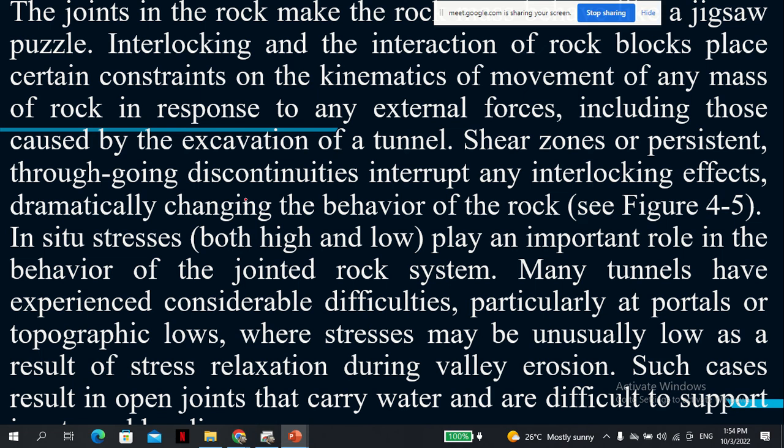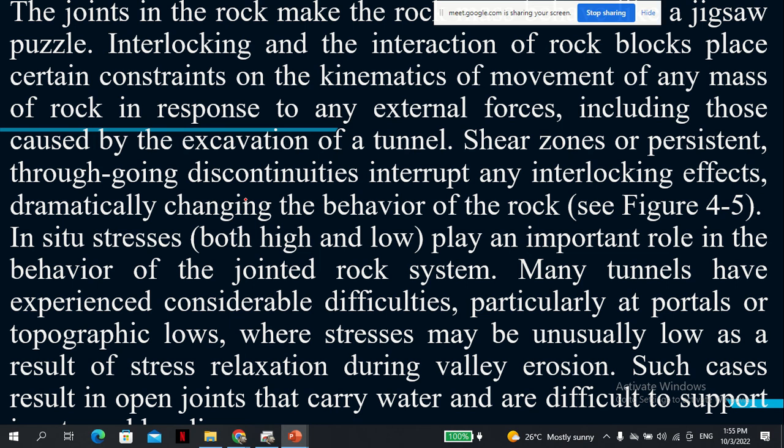So kinematics of movement of any mass of rock in response to any external forces, including those caused by the excavation of a tunnel. Shear zones are persistent through-going discontinuities that interrupt any interlocking effects, dramatically changing the behavior of the rock, as shown in the figures. In situ stresses, both high and low, play an important role in the behavior of jointed rock systems.